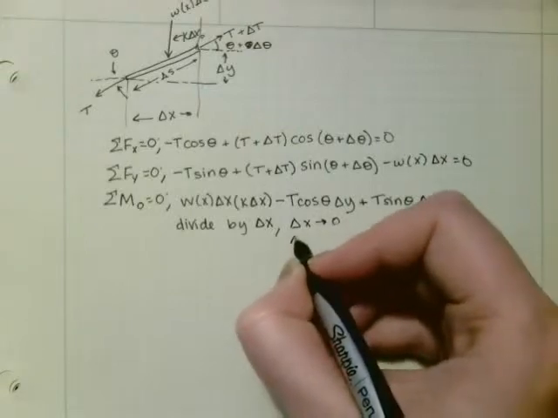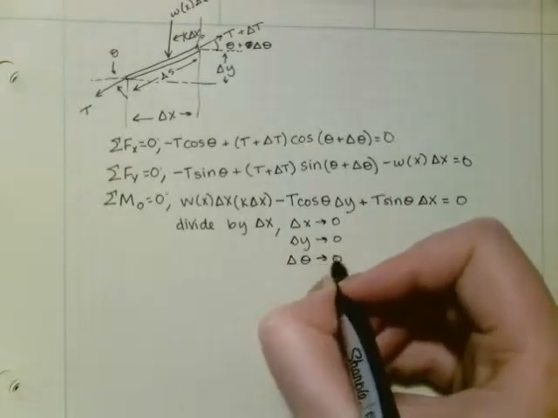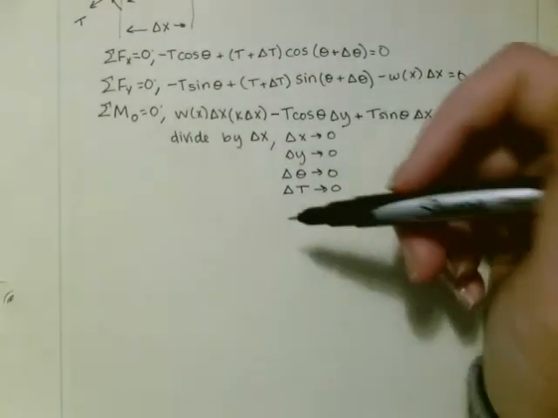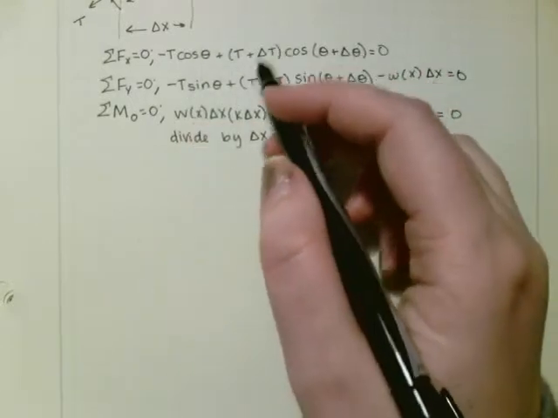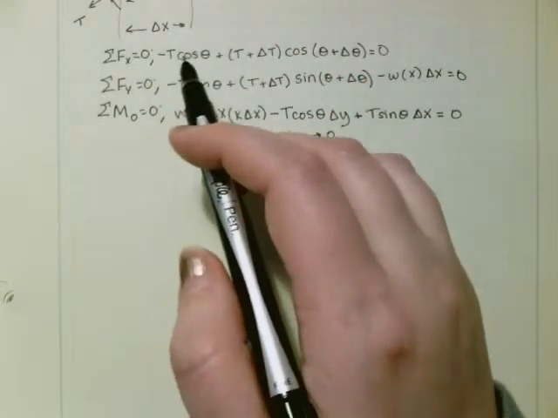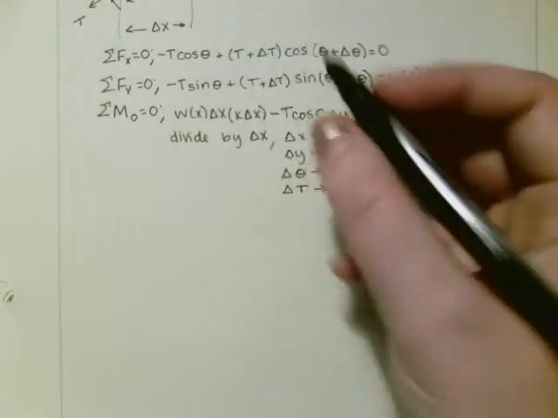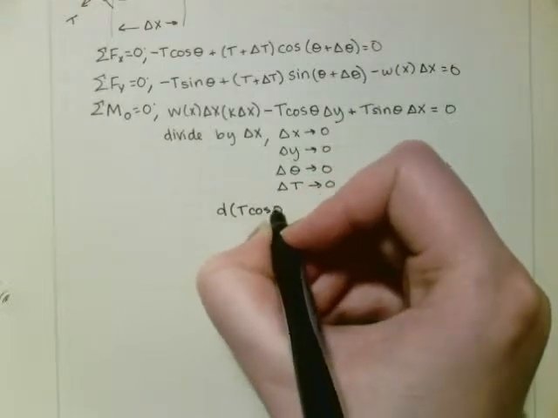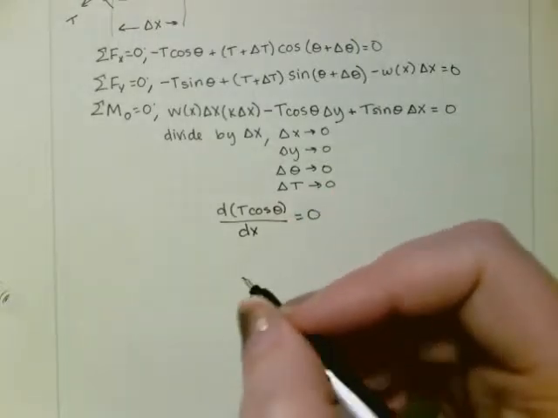Delta x goes to 0, delta y goes to 0, delta theta goes to 0, and delta T goes to 0. So after this, if we were to look at this equation, negative T cosine theta plus T cosine theta would have canceled out, such that all that we were left with was d(T cosine theta)/dx is equal to 0.